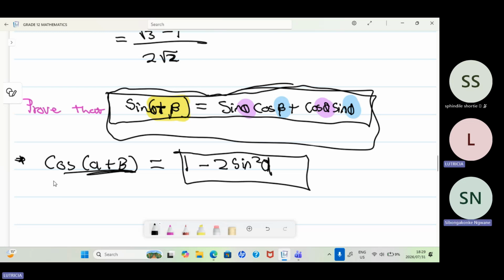Are you finding it? I got a different one, but I once did a question like that with different angles. It was written like sine theta plus sine theta plus beta, and then you had to prove that.